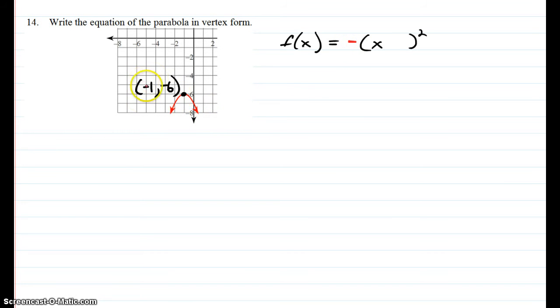And so when we plug this in, we're going to want this to be a plus 1, because negative 1 plus 1 gives us that 0 we're looking for. And then on the outside, that k would be minus 6. So since it says vertex form, we can leave our answer like this.